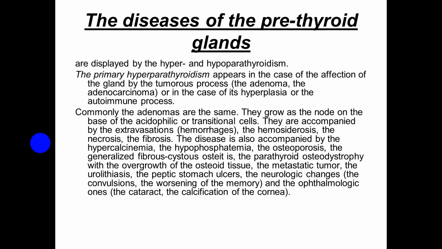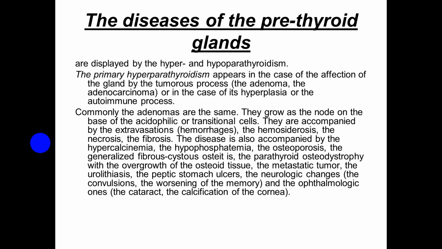Commonly, the adenomas are solitary. They grow as a node on the base of acidophilic or transitional cells. They are accompanied by extravasation, hemorrhage, hemosiderosis, necrosis, and fibrosis.